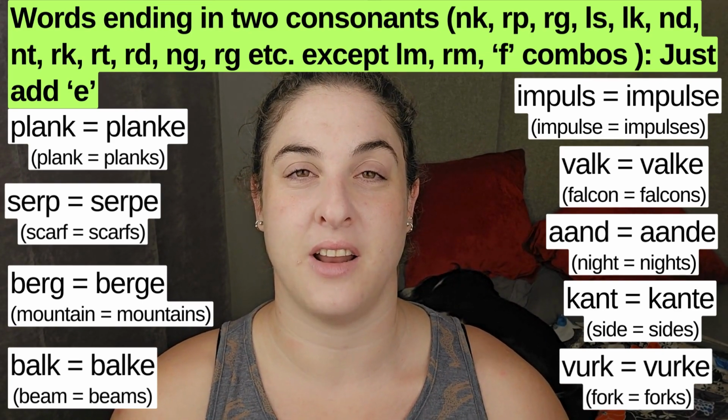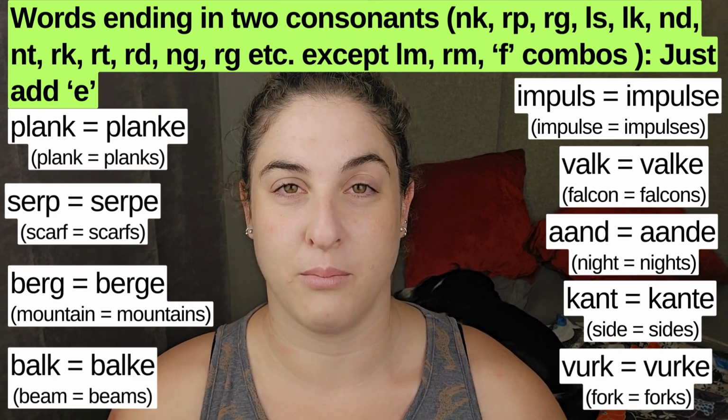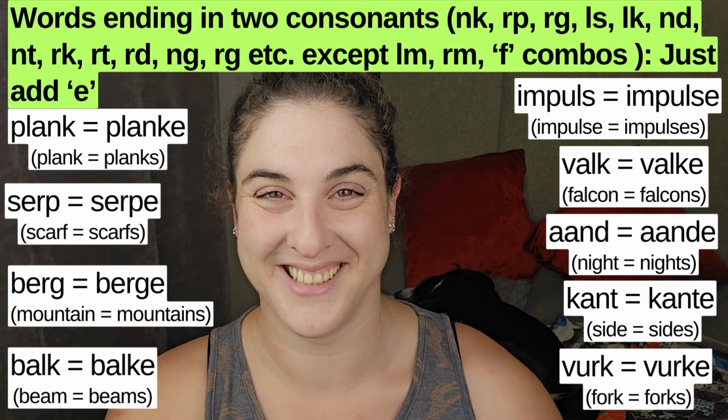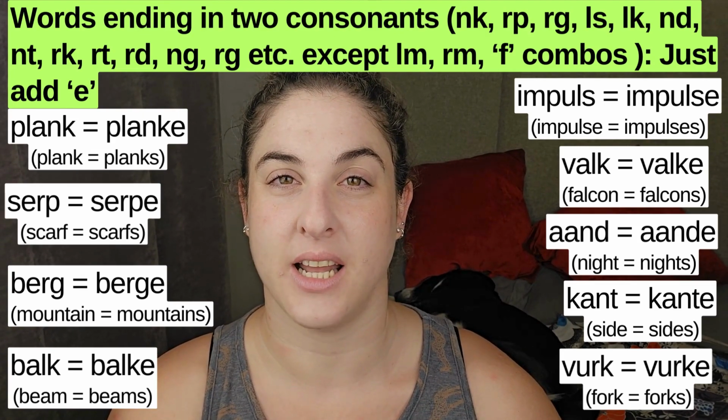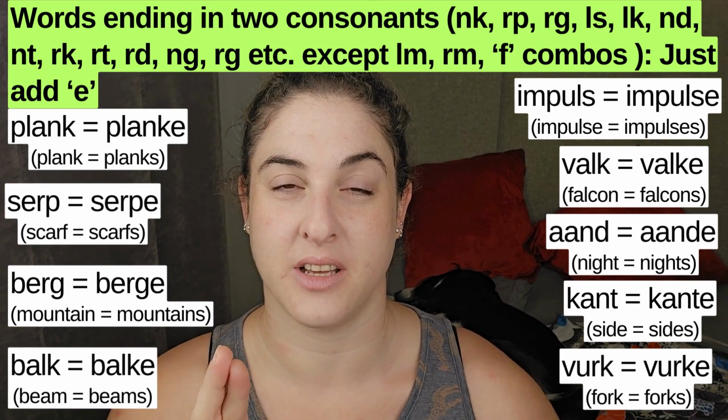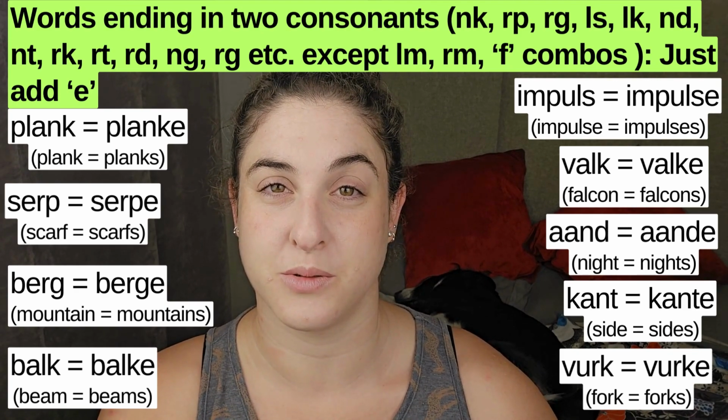And if it ends in an LM or an RM, not part of this. Okay. But the sound ng, which is n and g next to each other, it is included in this rule.